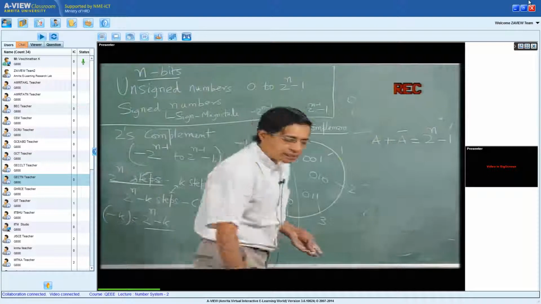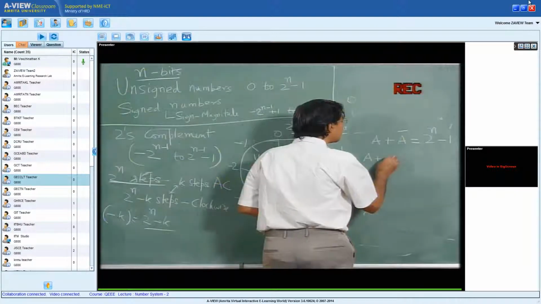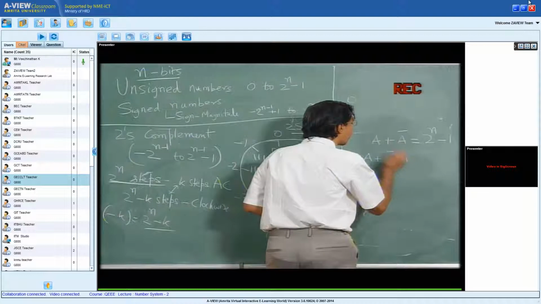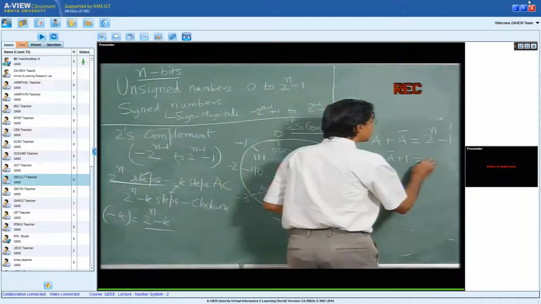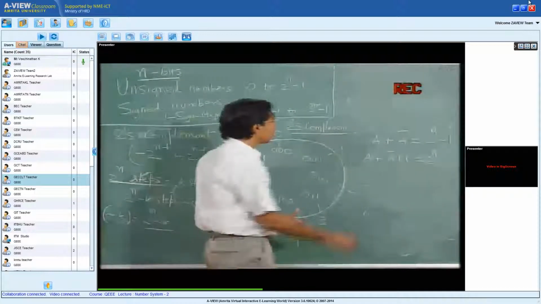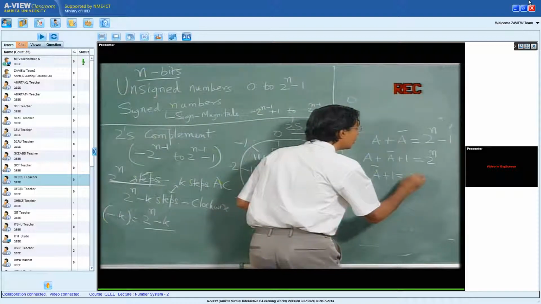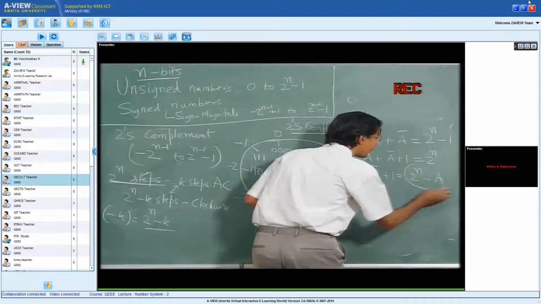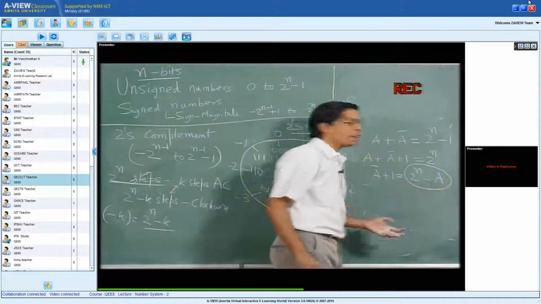To this, in our operation, after complementing these bits I also add 1. So if I say A plus A complement plus 1, which is nothing but 2 power n. So A complement plus 1 is equal to 2 power n minus A, and this is exactly what I want.